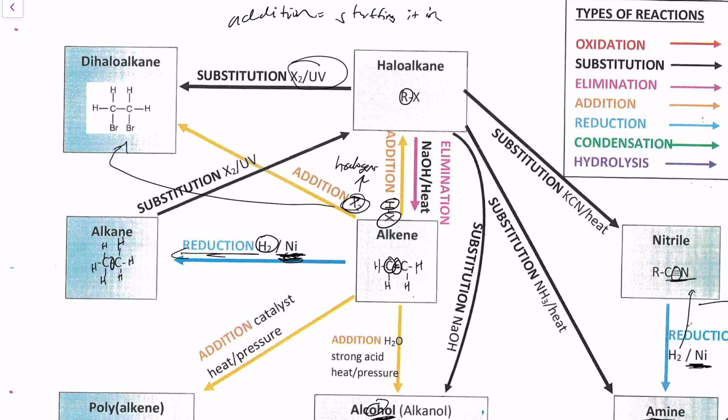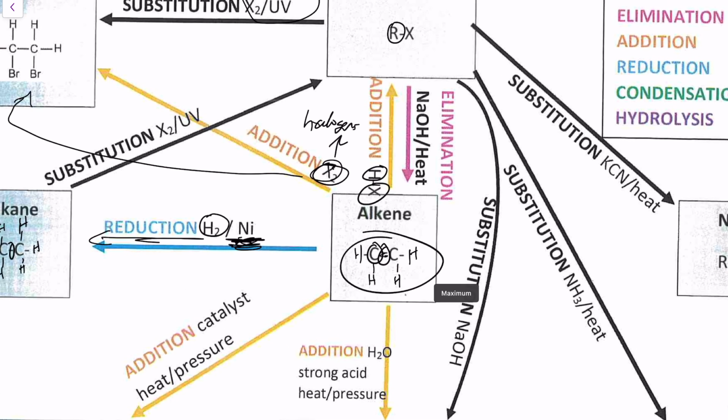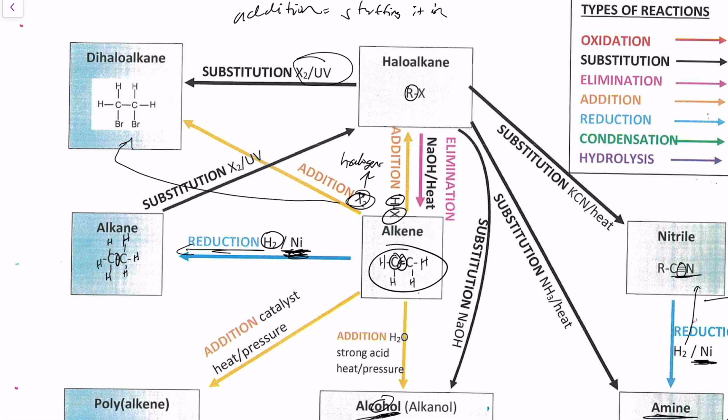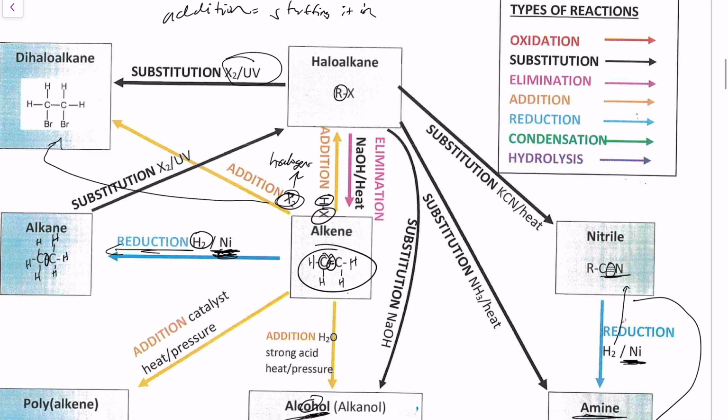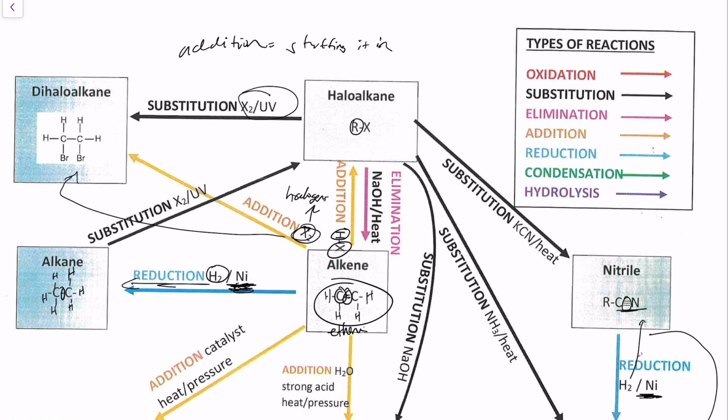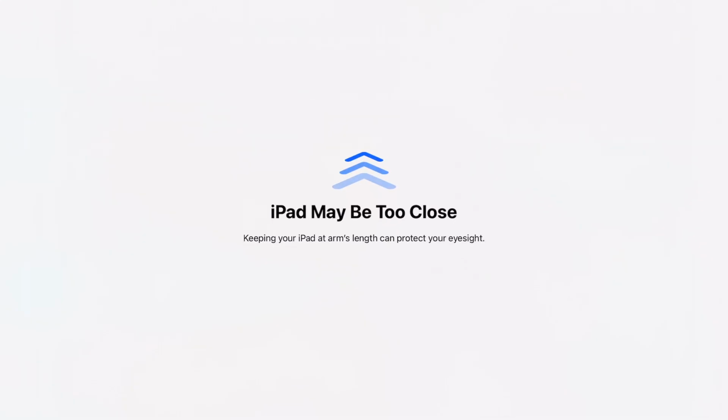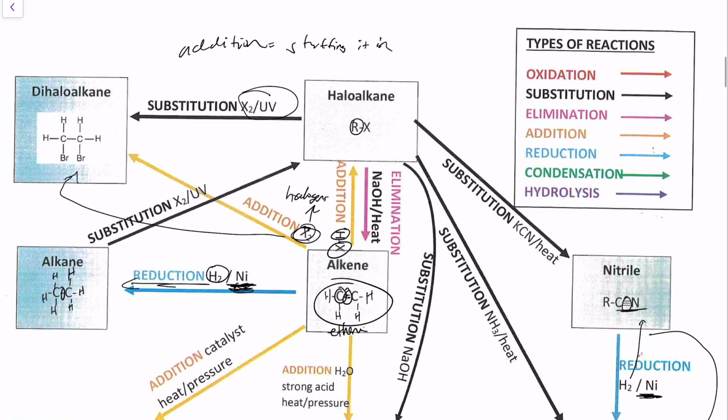So for example, in this case, I think that's ethene. If we do our addition reaction from alkene to haloalkane, and let's say we add HBr, hydrogen bromide, then what we get will be just those 2 carbons.